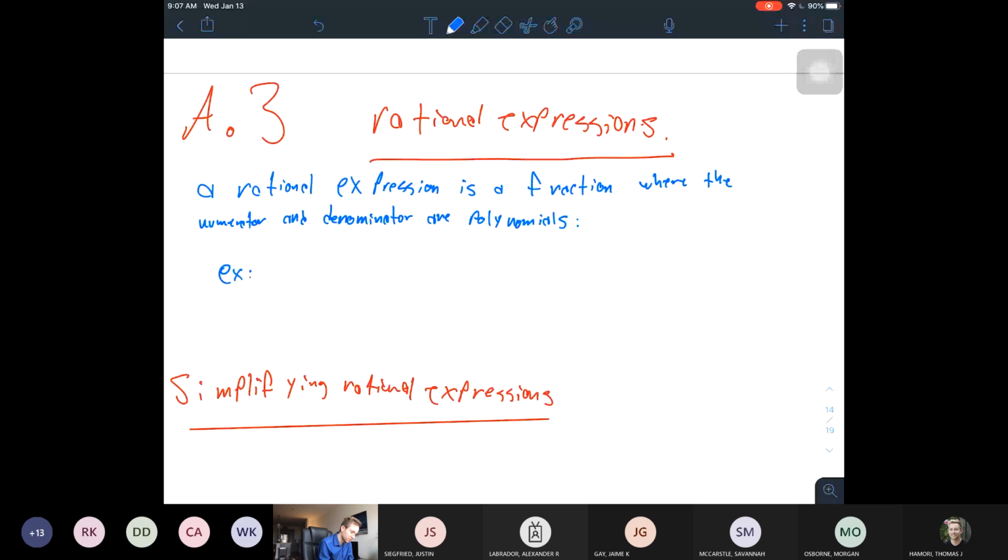For example, 3x cubed minus 27 divided by x plus 2. This is what we call a rational expression.